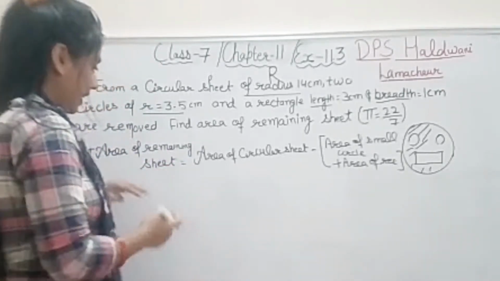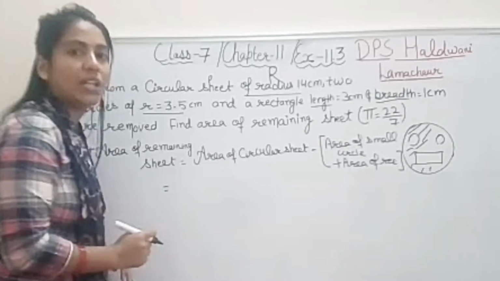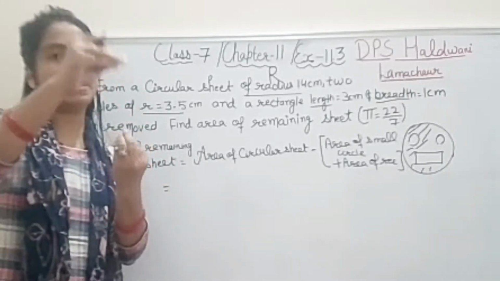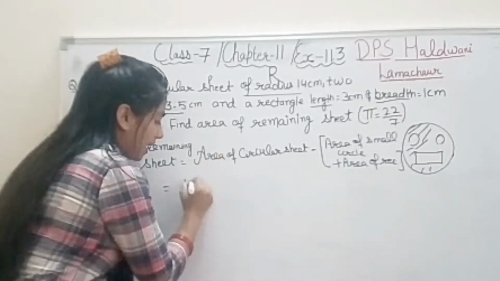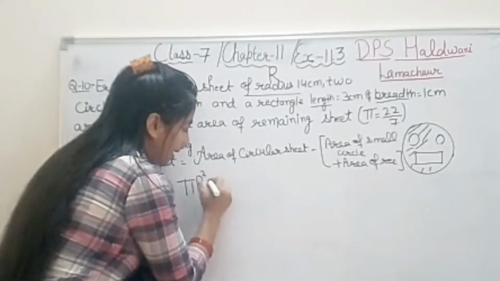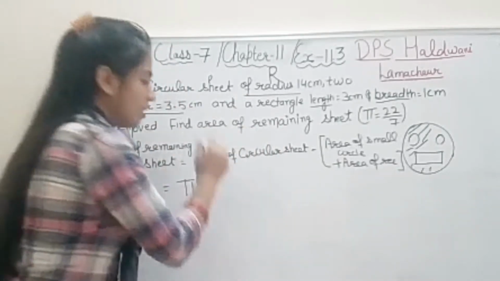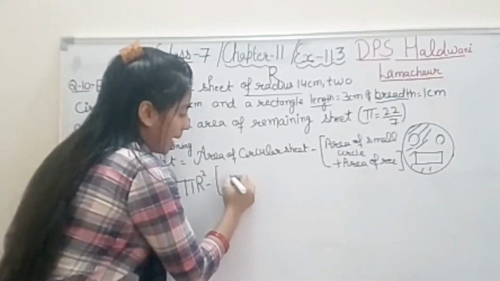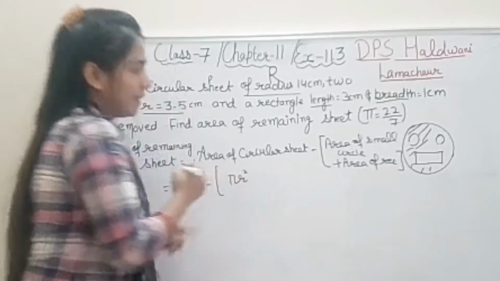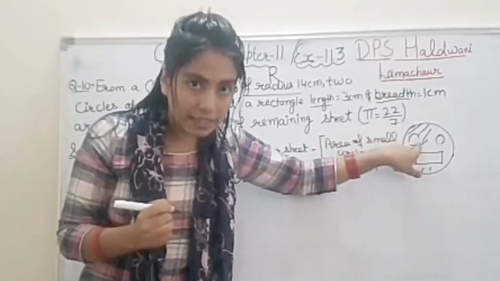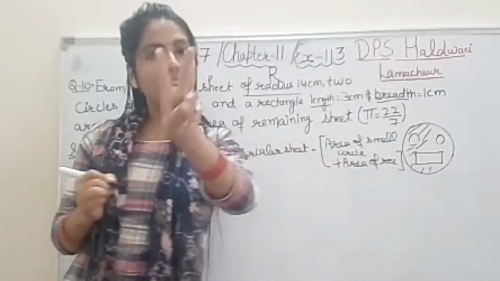Okay, so let's start. Area of circular sheet. Area of a circle is pi R square, that is with capital R, minus the area of the small circle, that will be pi small r square. This area is for one circle, and how many small circles do we have? Two.